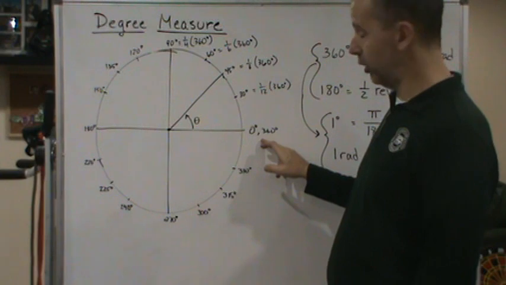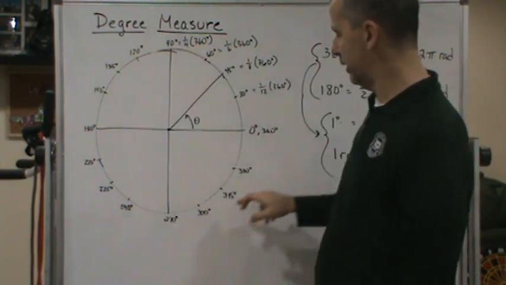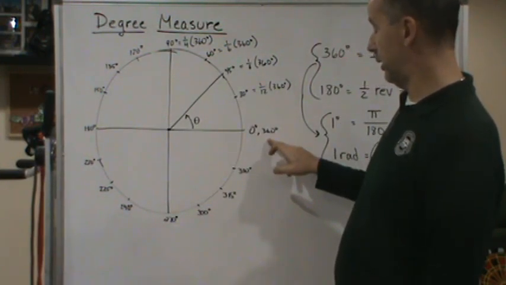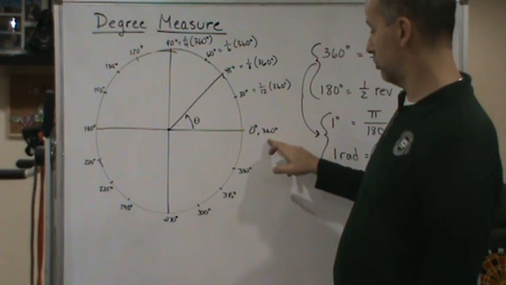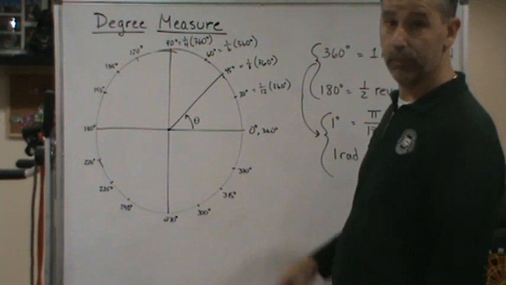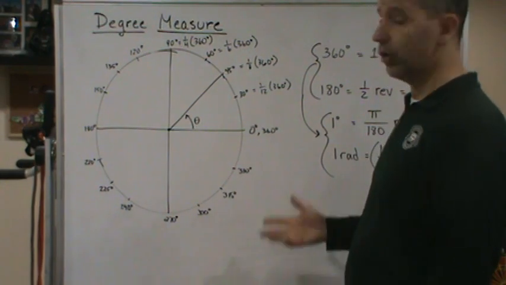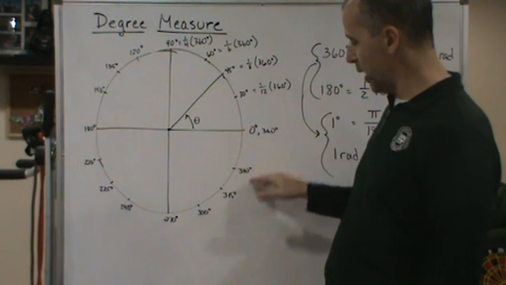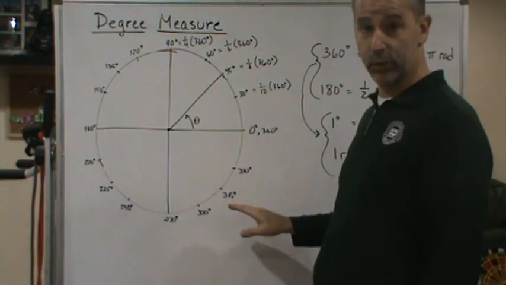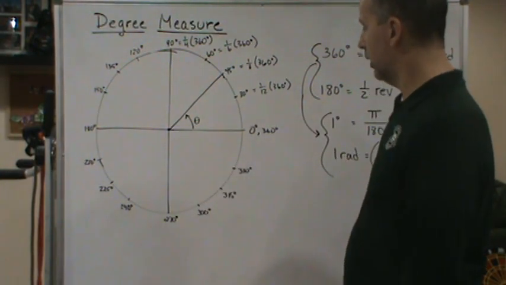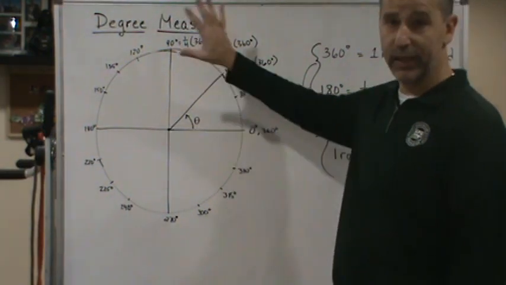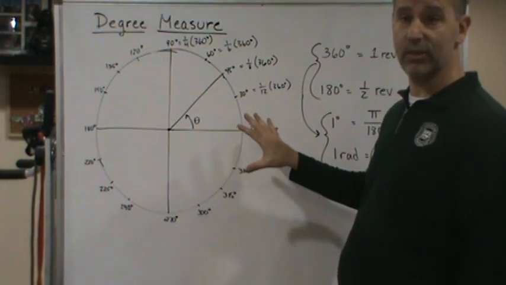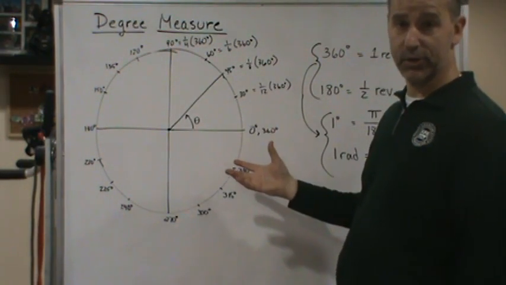And if we go all the way around again, that's going to be 1080, okay? And so on and so forth. Then again, we could subtract going the other way too, remember? So we could subtract and go negative, right? So in the clockwise direction. So that's that. So again, just realize that this is the way we look at degrees on a circle.